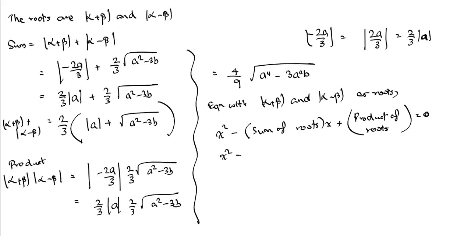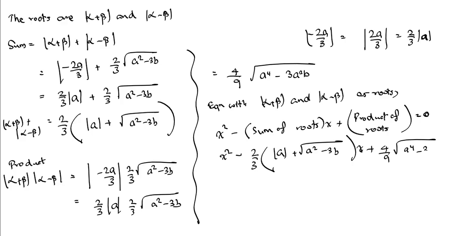Now x to the power 2 minus sum of roots, we have found that it is going to be 2 over 3 modulus of a plus root a squared minus 3b, times x, plus the product of roots, which is 4 over 9 a to the power 4 minus 3a squared b, equals 0.